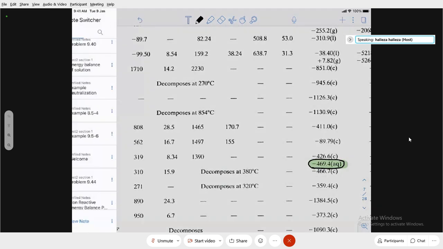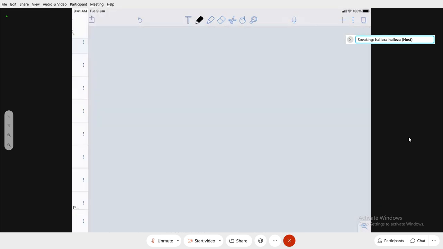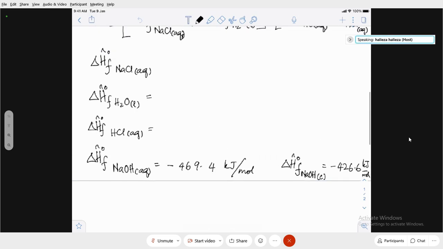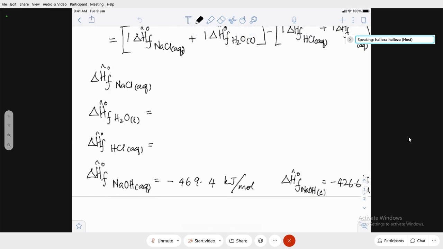So let's go back to the example. I got that listed down. Now for hydrogen chloride, we don't have the value listed as aqueous, so we need to calculate it using this formula: the heat of formation of hydrogen chloride gas plus the heat of solution. Not F, S. It should be S because it's for mixing.